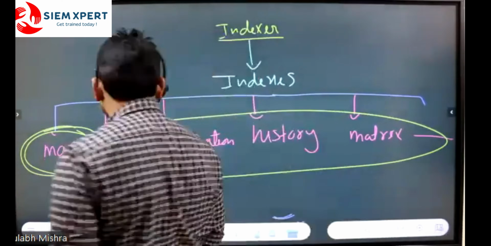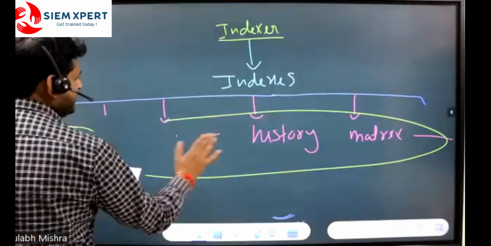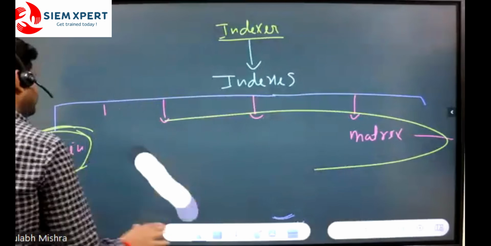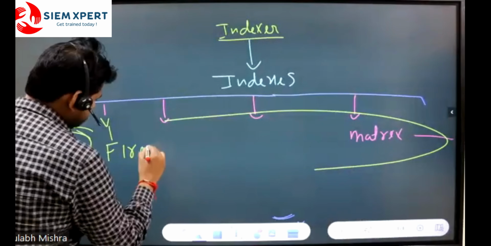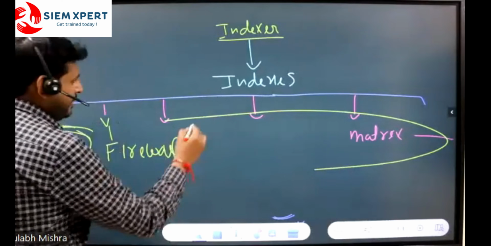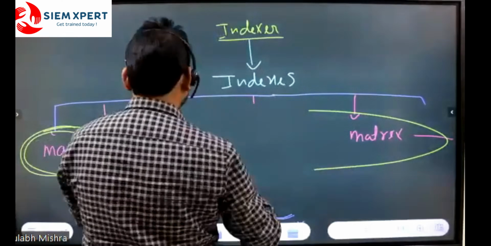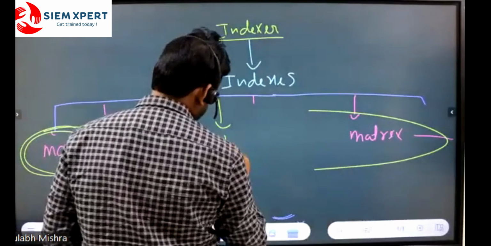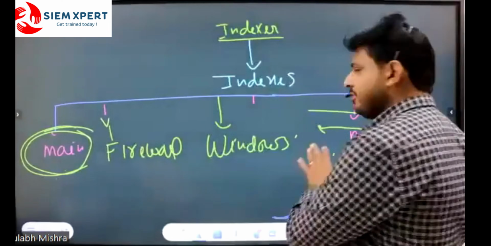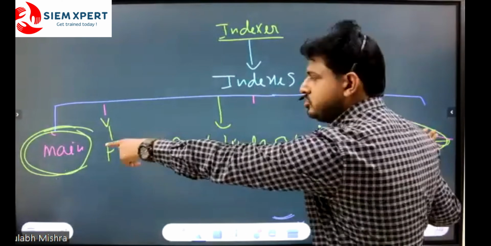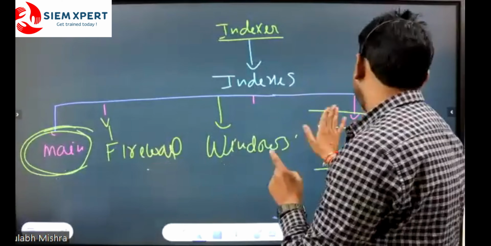For example, main is the default index, and you have created a firewall index and a Windows index. Apart from the 10 internal ones, the 11th is main, the 12th is firewall, the 13th is Windows.